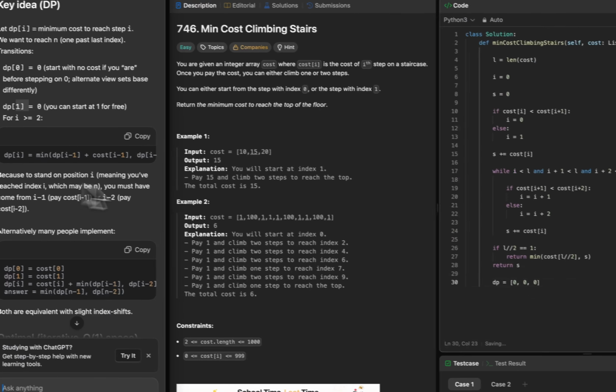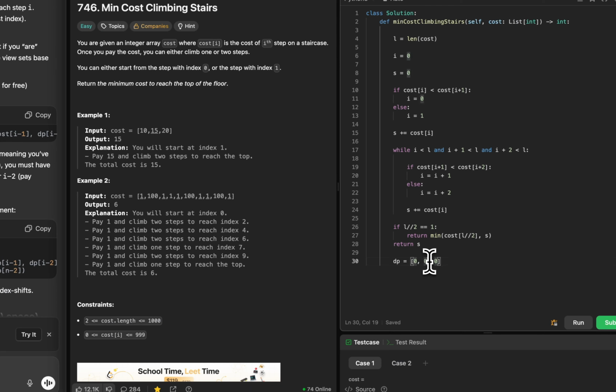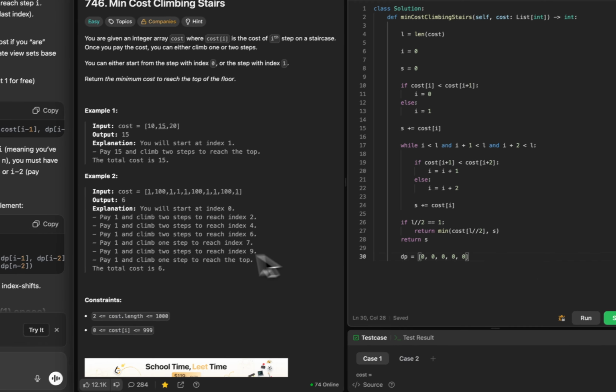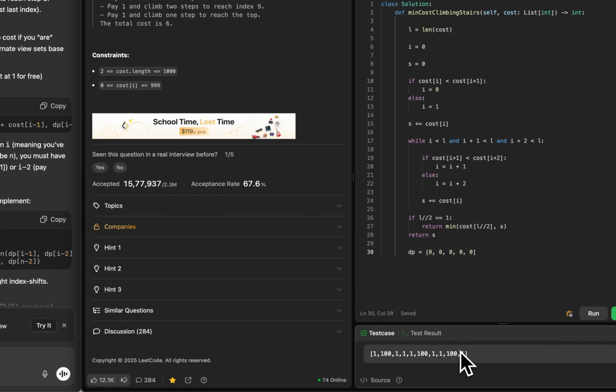Okay, now for any i which is greater than, let's say if the list is longer, for example in the second case of our example with 1 2 3 4, something like this, this will increase.